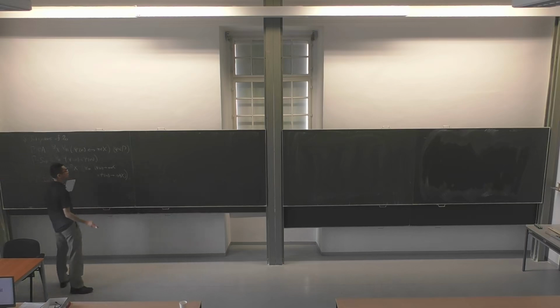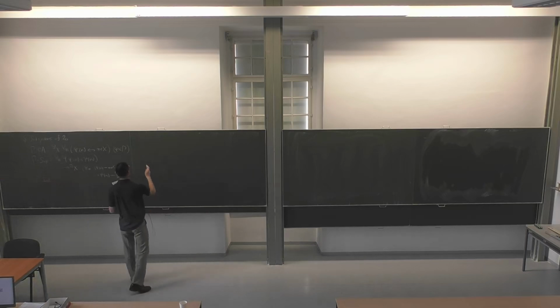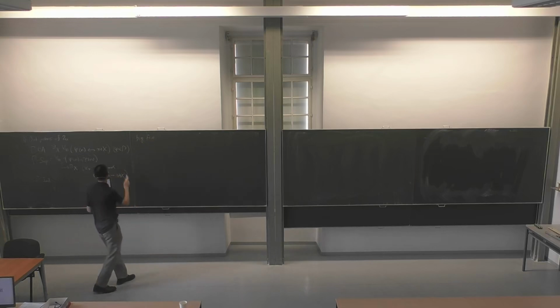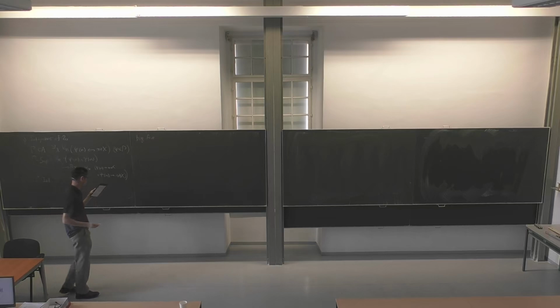Then the major Big Five is easily described by just this kind of comprehension, right?